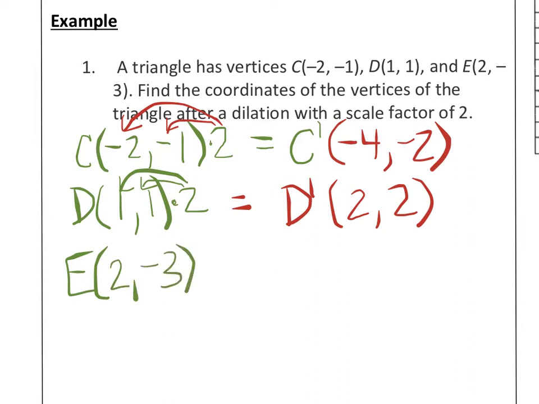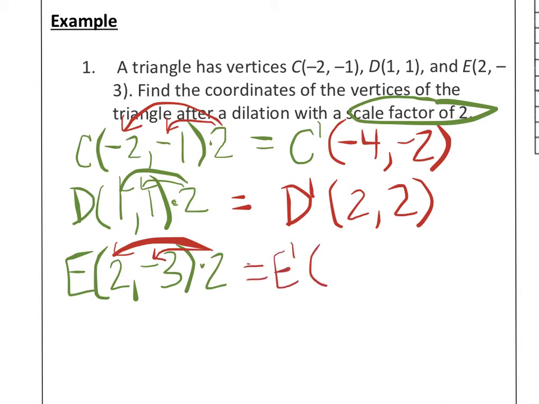I'm going to multiply each one of those by that scale factor. So multiply it by 2. And kind of like the distributive property here, I'm going to be multiplying both of them by 2. So E prime, 2 times 2 is 4, and 2 times -3 is -6. So those are my new coordinates, and I could graph those. I'm not going to graph them on this one because they said just find the coordinates.